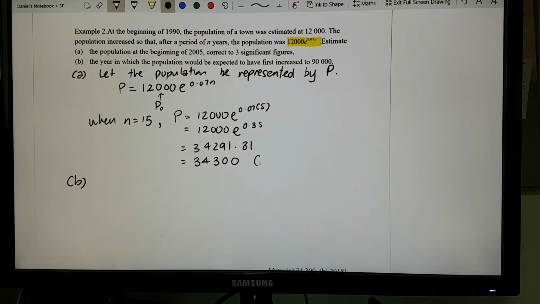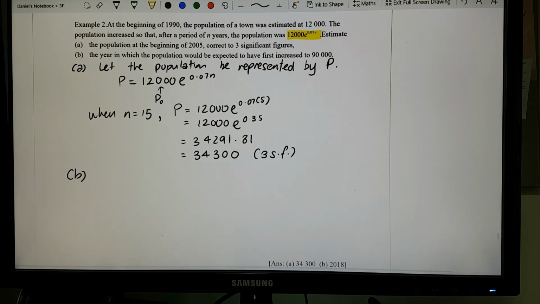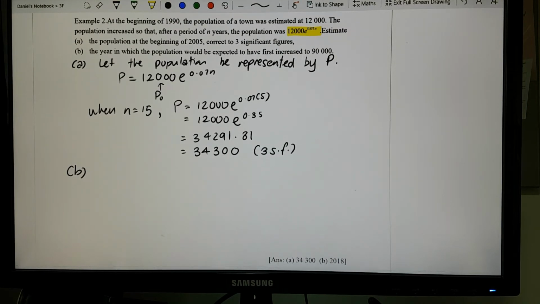B, the year in which the population will be expected to first increase to 90,000. First increase to 90,000. Interesting question. Take note, I want it to be first increase to 90,000. So let's see, I will have to equate 12,000 e. Okay, let me rewrite properly.